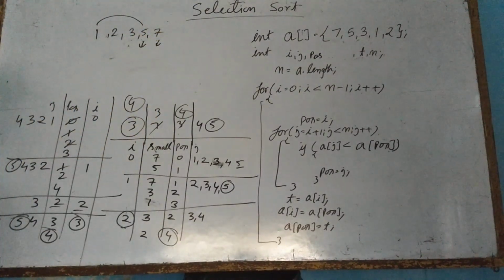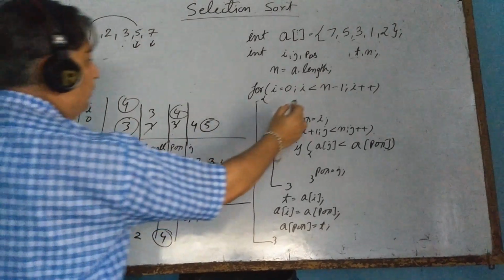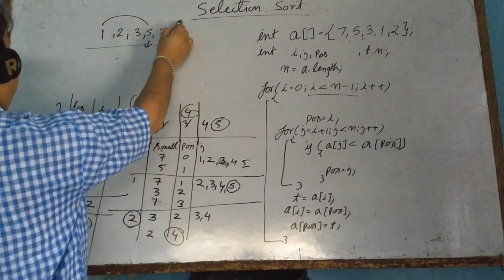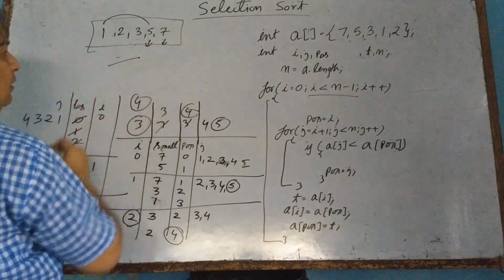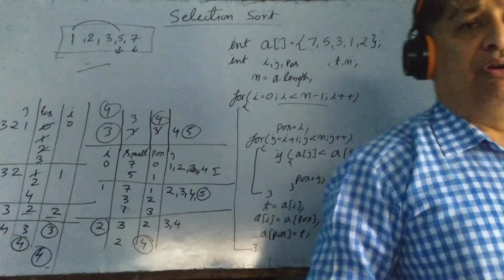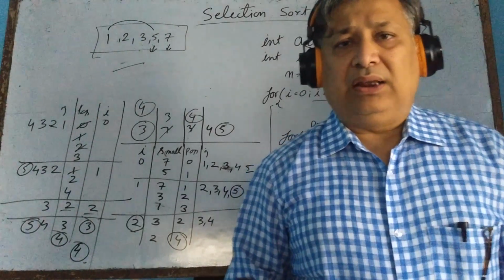Alright. Thereafter, when I becomes 4, this loop will stop. After coming out of this loop, you can see this array is in ascending order. We can display it. Alright. So this way, in 2 ways, but following the same concept, we can perform selection sort. And thank you very much.